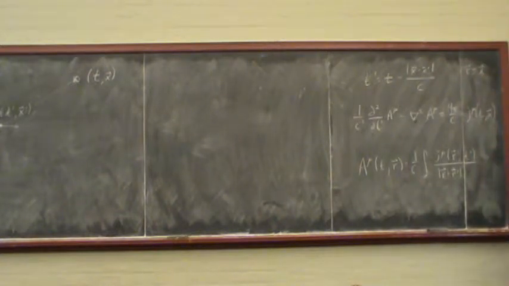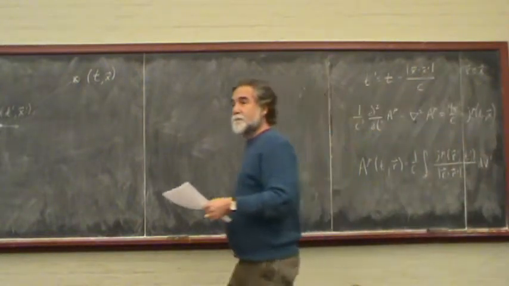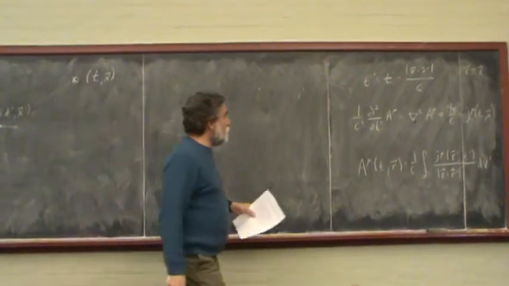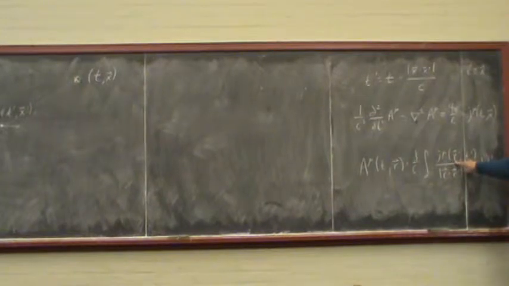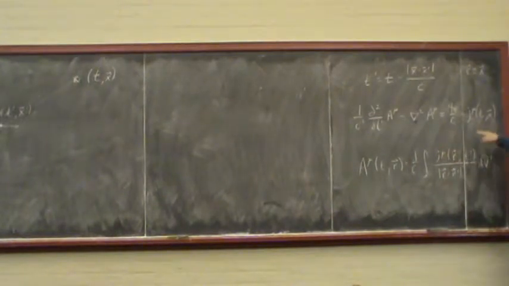Okay? dv prime. These are primed coordinates here. This is where the source is. I'm integrating over where the source is. All right? And that's the observation point, and that's the source point.